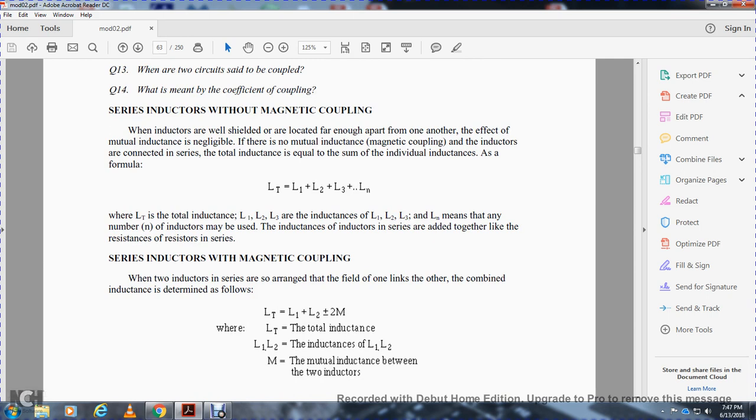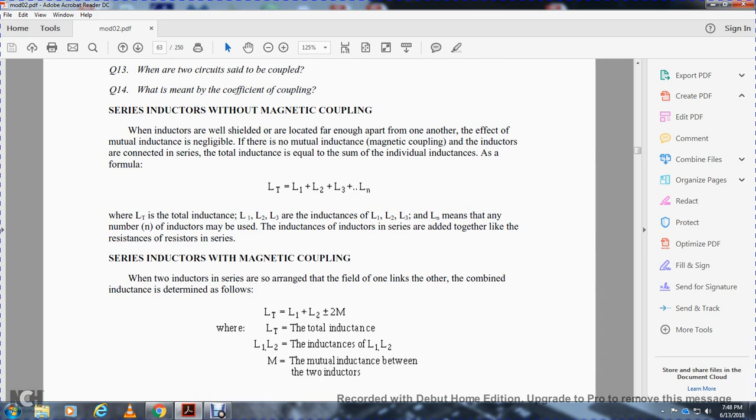Now consider series inductors with magnetic coupling. The two inductors in series are arranged so that the field of one links to the other. The total inductance is equal to inductance 1 plus inductance 2, plus or minus 2M, where M is the mutual inductance between the two inductors.